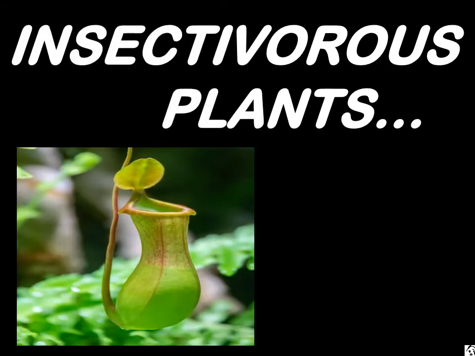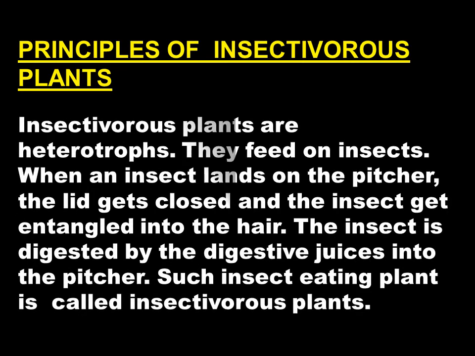Okay, so now comes insectivorous plants. Now this is a pitcher plant, which is a species of insectivorous plant. What is the principle of insectivorous plants? Insectivorous plants are heterotrophs as they feed on insects.